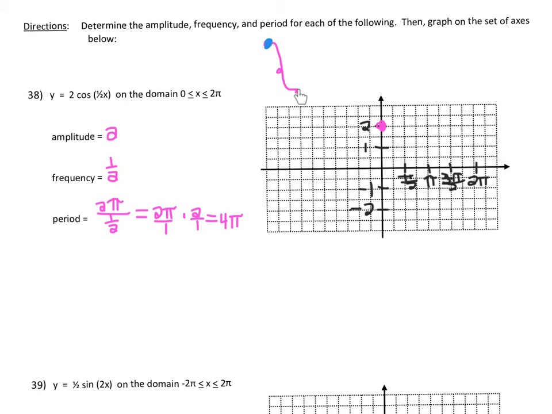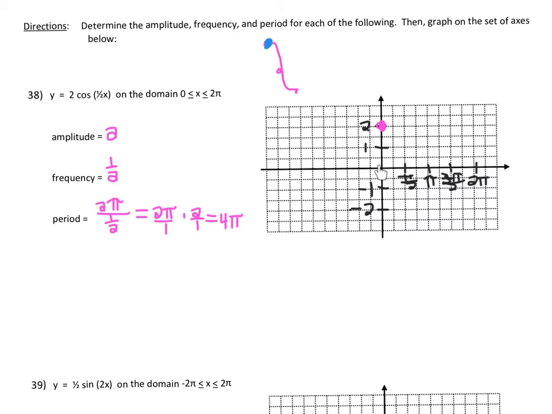Okay, now let's plot this low point. So this, we're going to have to go all the way over to 2 pi, and that's where we're going to be at the minimum. Now let me explain why again. Okay. So since the frequency is 1/2, it means we're only fitting, this is a really bad cosine curve, but we're only fitting half of a cosine curve between 0 and 2 pi.